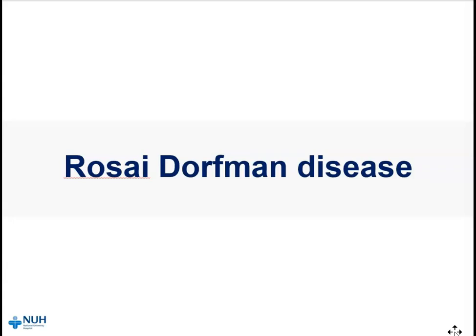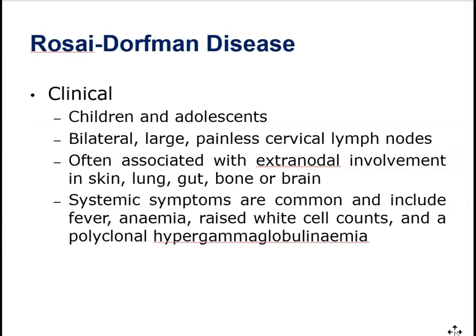This is known in the past as sinus histiocytosis with massive lymphadenopathy. This condition presents in children and adolescents as bilateral large painless cervical lymph nodes. It is often associated with extranodal involvements in the skin, lung, gut, bone, or brain.